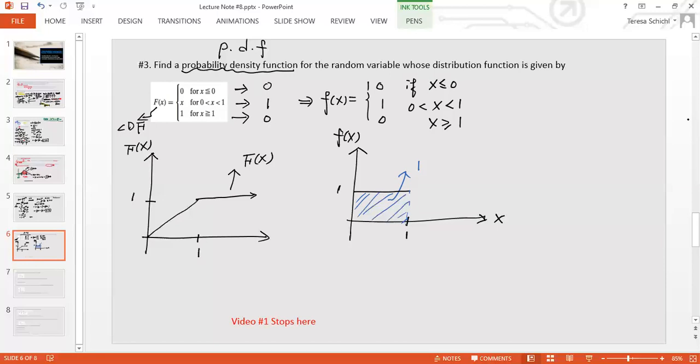So make sure you understand the integration and derivative relationship here. Let's take a break and we will come back in the second video to do more CDF and PDF problems.